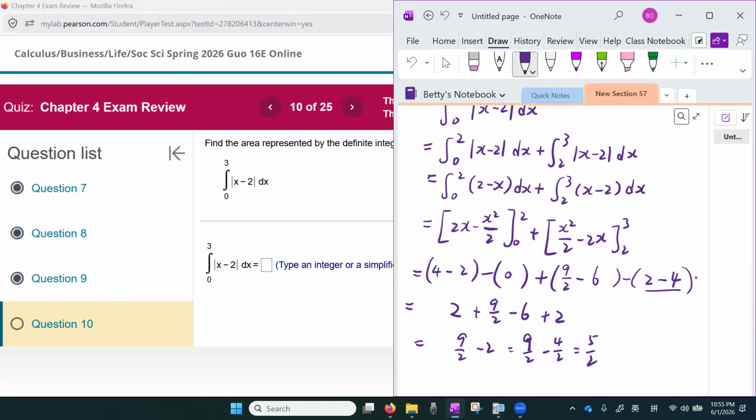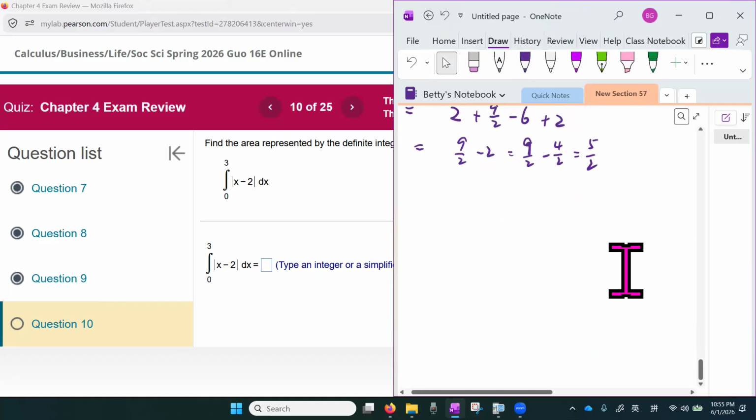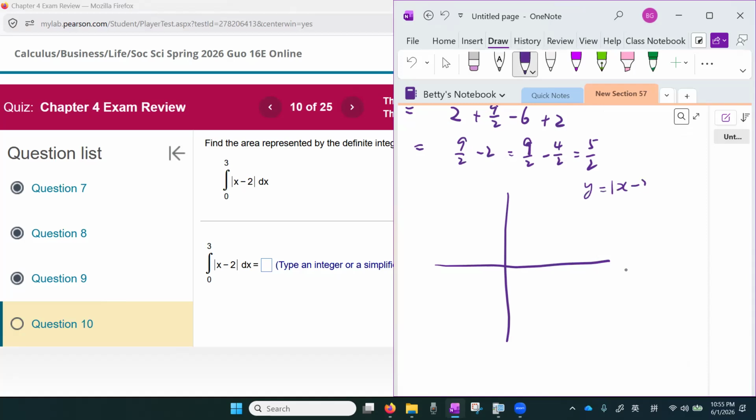Okay, actually we can double check by using the geometric significance of this problem. The function y equals absolute value of x minus 2 looks like this. So from 0 to 3, 0, 1, 2, 3.